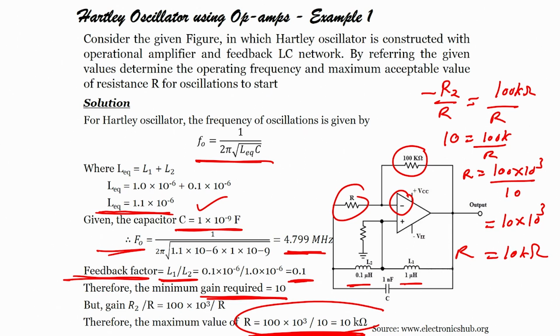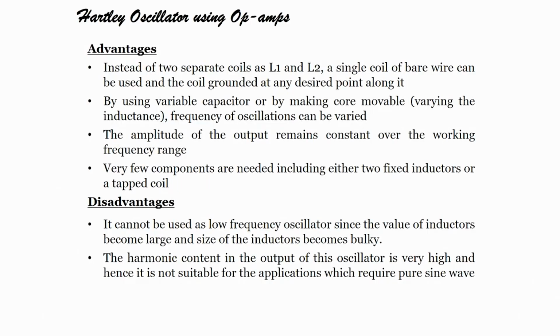So, it is very easy to solve the problem for the Hartley oscillator. What are the advantages of Hartley oscillators using op amps? Why do we use an op amp based Hartley oscillator? Instead of two separate coils L1 and L2, a single coil of bare wire can be used and the coil grounded at any desired point along it. That is the advantage.